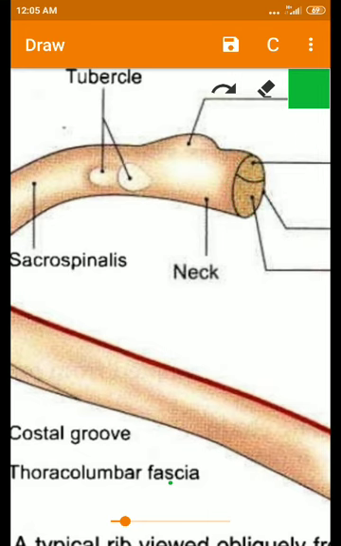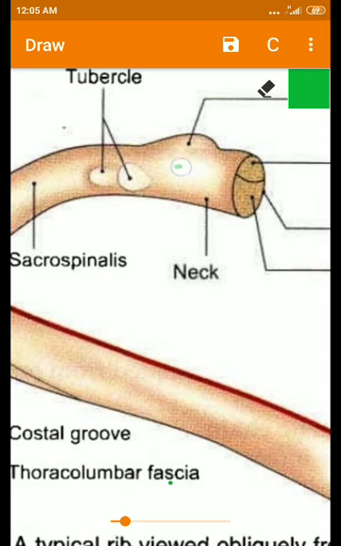Now coming to the neck. The neck is a flat portion adjoining the head, about 1 inch long, which lies in front of the transverse processes of the numerically corresponding vertebrae.